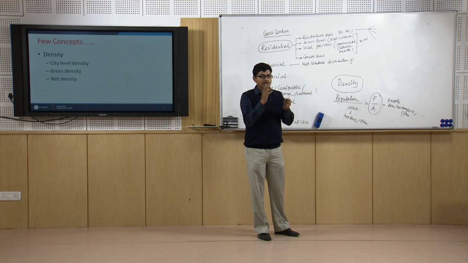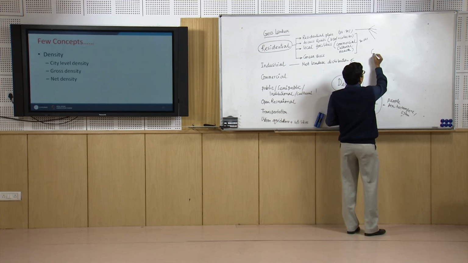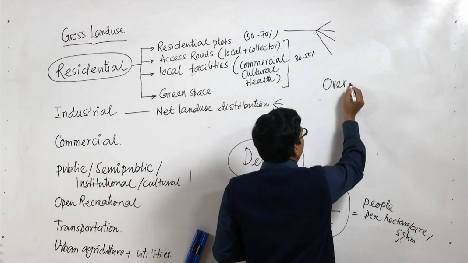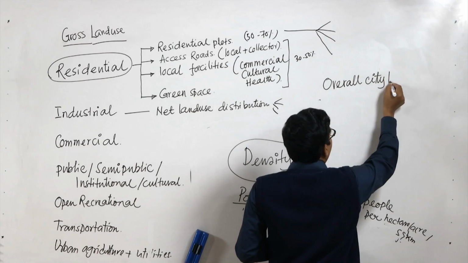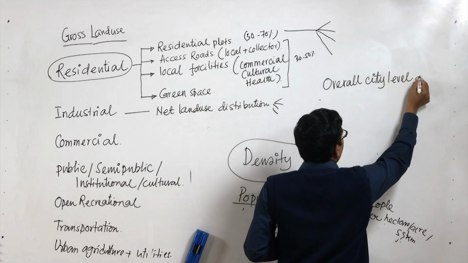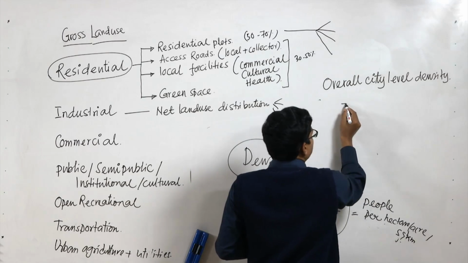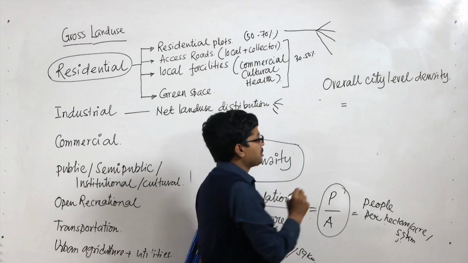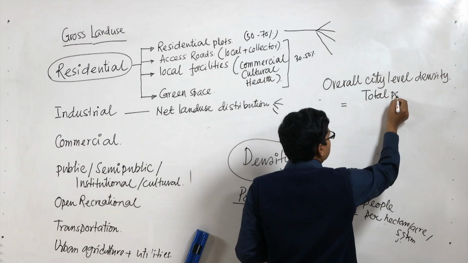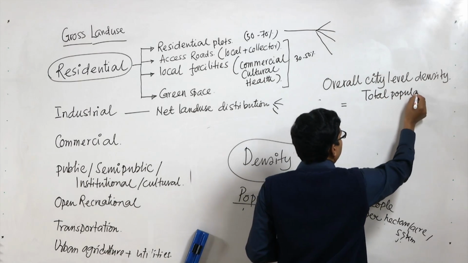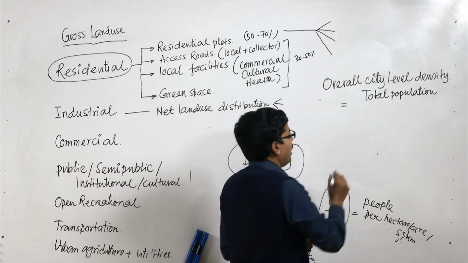So the overall city level density is basically the total population of the whole city divided by the total area.